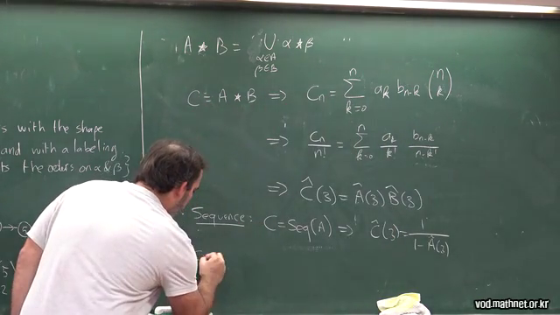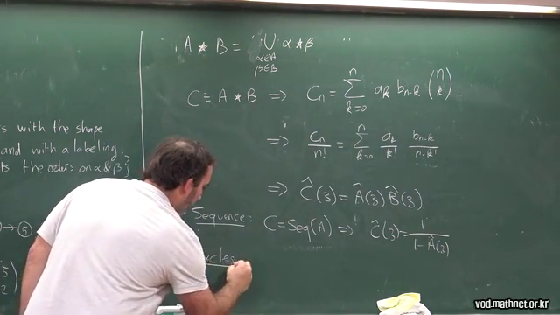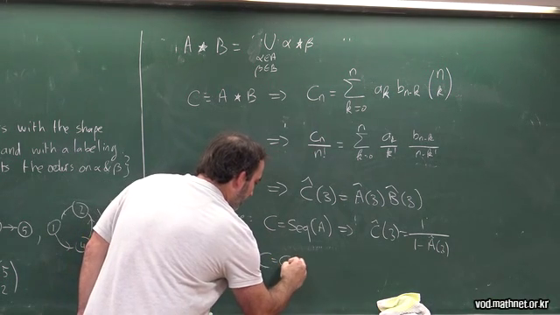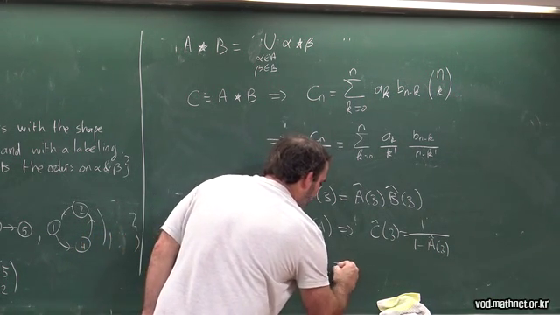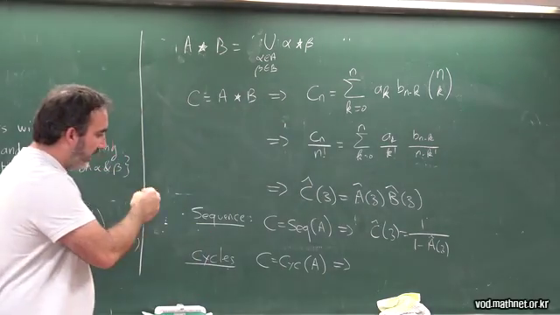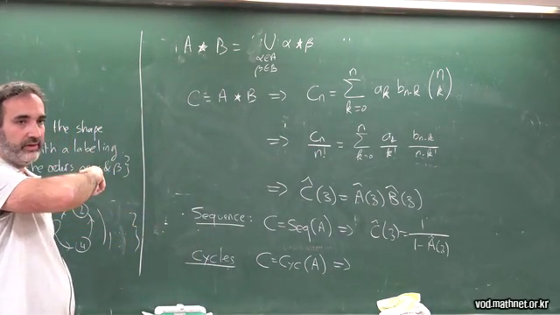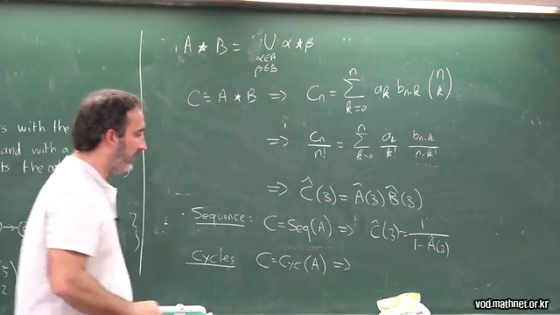For instance, you have cycles. So you put elements of A into cycles, and the size is the number of atoms.